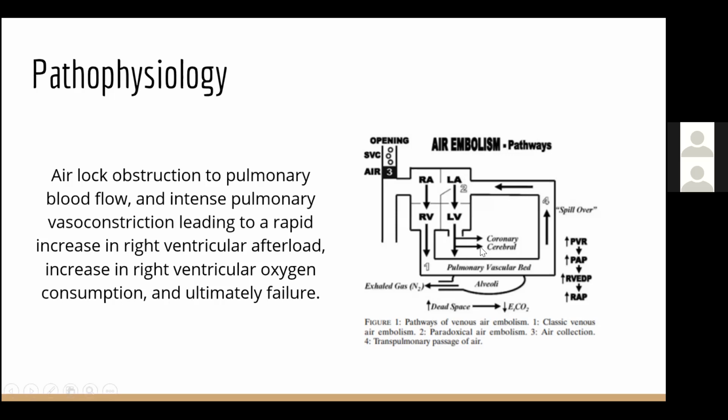The other thing is if the air is coming in increments, it can cause airway and pulmonary vessel inflammation and pulmonary vasculitis. So we have airlock obstruction to pulmonary blood flow and intense pulmonary vasoconstriction, leading to a rapid increase in right ventricular afterload, increased right ventricular oxygen consumption, and ultimately failure. So increased PVR, increased pulmonary artery pressure, increased right ventricular end-diastolic pressure, and increased right atrial pressure ultimately lead to right heart failure.